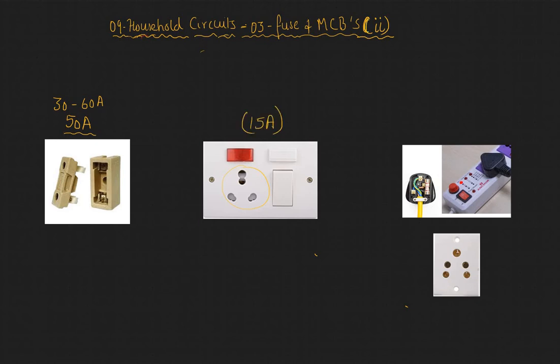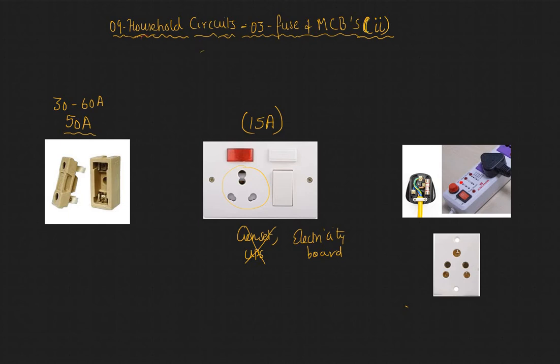In your house, when the current goes and they switch on generators, usually gen sets and UPS won't give power to these. This is only from the electricity board. The reason is because there's a lot of current that these equipments draw, and usually gen sets and UPS can't support so much, or it's difficult to support so much.